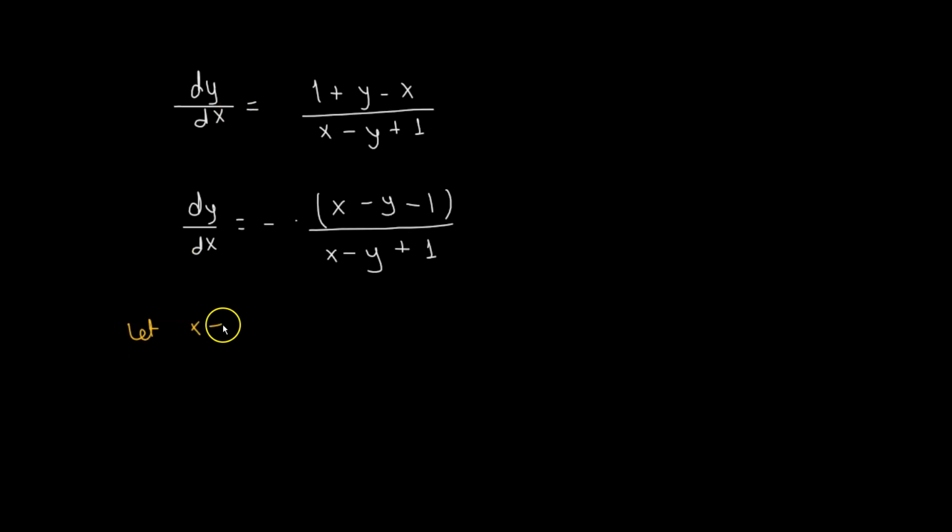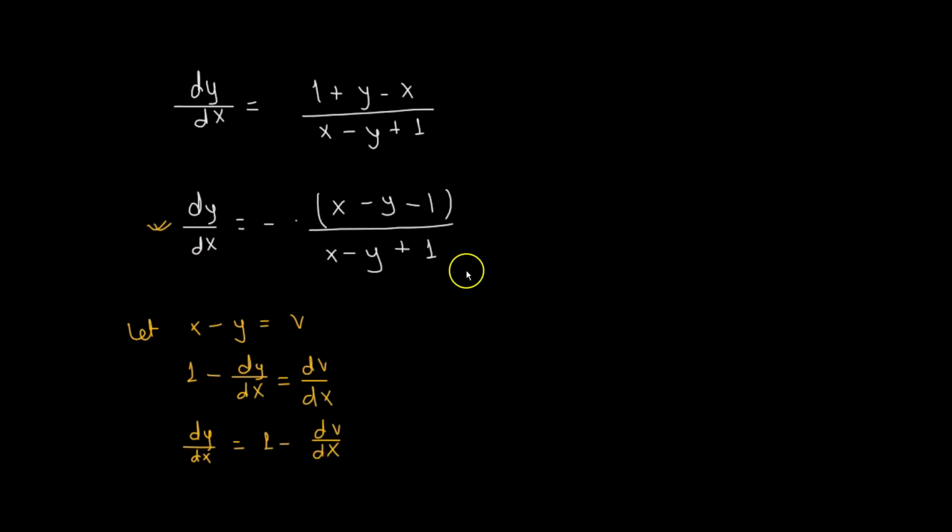Suppose x - y is equal to some variable v. Then we differentiate both sides with respect to x. So this will be 1 - dy/dx = dv/dx. Isolating dy/dx, we have dy/dx = 1 - dv/dx. Now in place of dy/dx in this differential equation, we'll replace it with 1 - dv/dx.